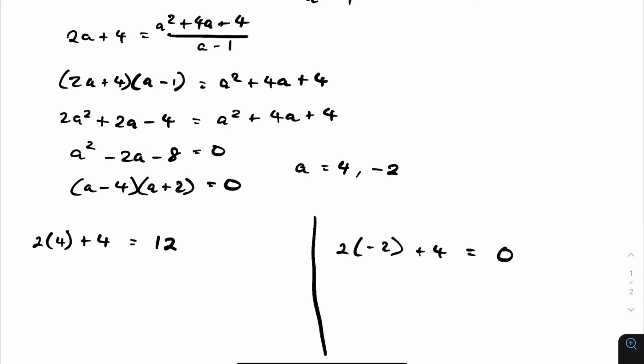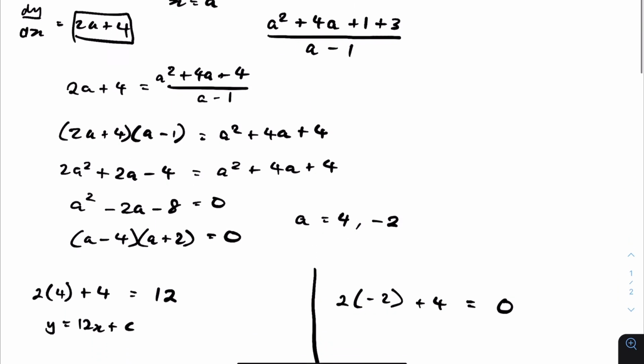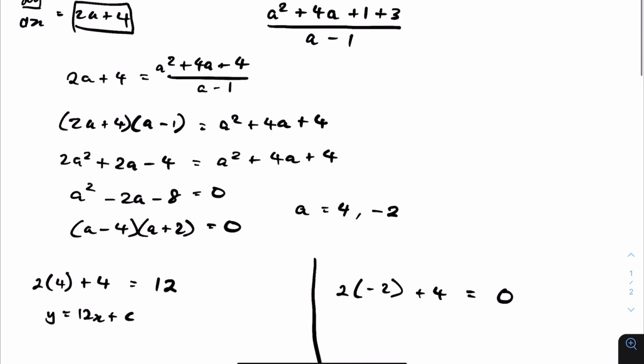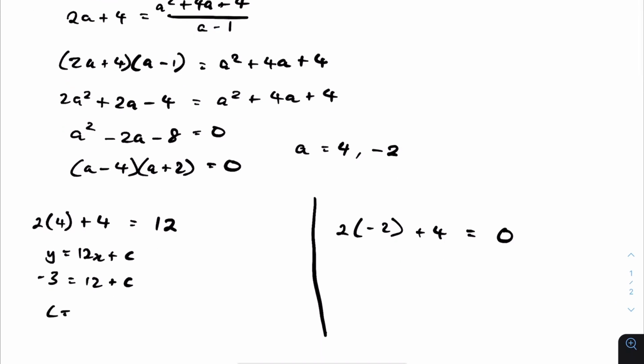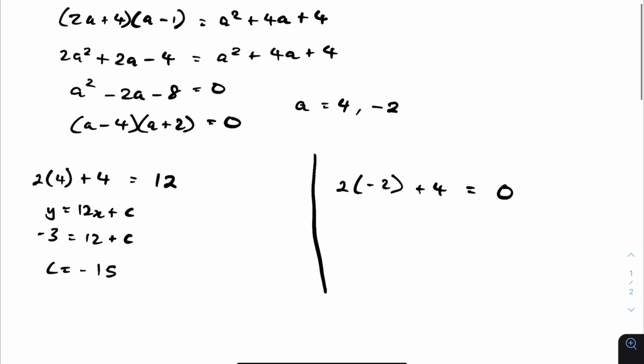So with the gradient which has 12 in it, we have y is equal to 12x plus c. And then if you look at the points, 1, negative 3, it has to pass through there. So we can just use that point. So negative 3 is equal to 12 plus c. c is equal to negative 15. So our first one is y equals 12x minus 15.